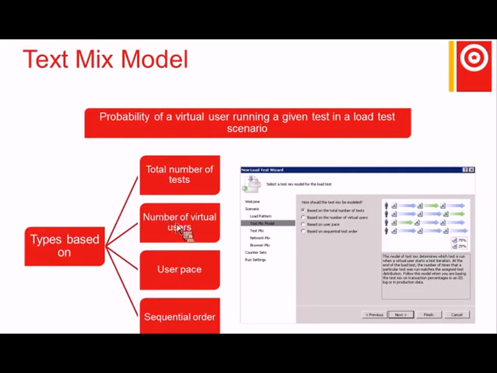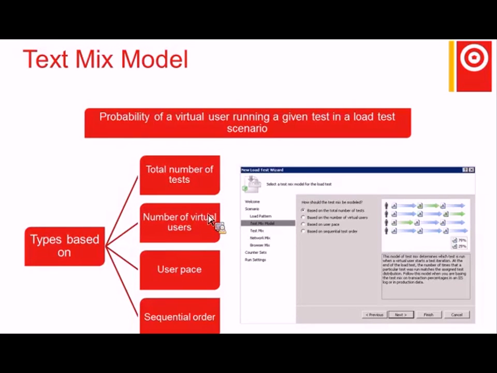Also, we can base it on the number of virtual users. This will, in real time, if we specified, like I specified earlier, test 1 at 50%, test 2 at 25%, test 3 at 25%, then if test 3 is only running at 20% of the current users, the system will try and throw in more test 3s until it hits around 25%.